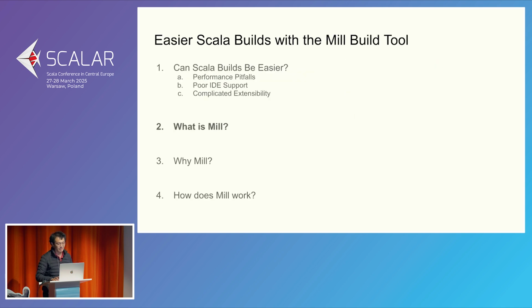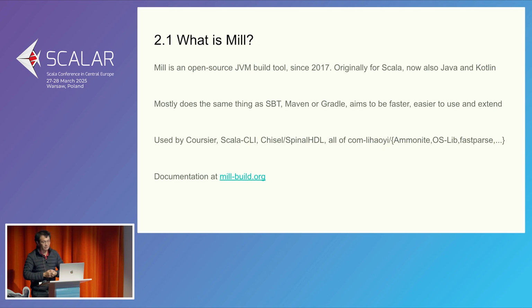Next, let's look at what is Mill. Mill is an open source build tool, originally for Scala, started in 2017. It's been around a while. Now supports Java, Kotlin, and also supports other languages more experimentally: Python, JavaScript, Android platform. It doesn't do anything magic, but just aims to be faster, easier to use and extend than the existing build tools. It's quite widely used, so Coursier you all use indirectly through Scala CLI, and Bazel uses Coursier, or SBT uses Coursier.